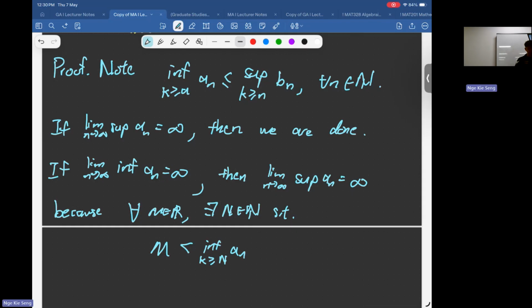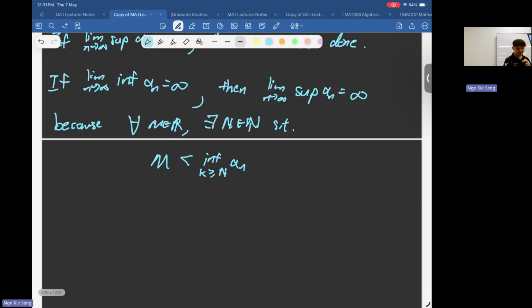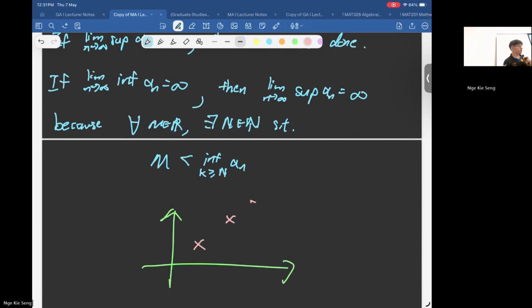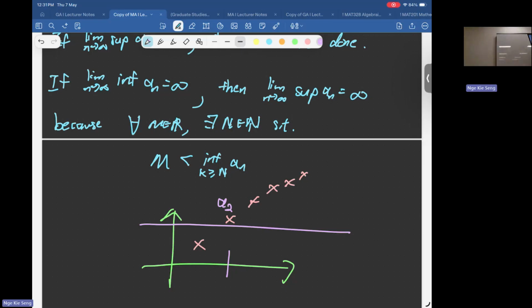You need to imagine a picture whenever you go to infinity. This is the prototype you need to remember. So this guy goes to infinity, right? No matter what m you pick, there will be an n such that all the terms beyond it will be greater than this. So if you move this m up, there will be someone greater than it.